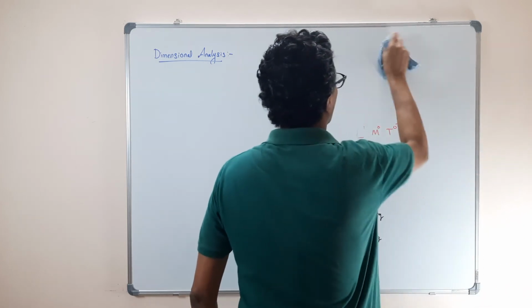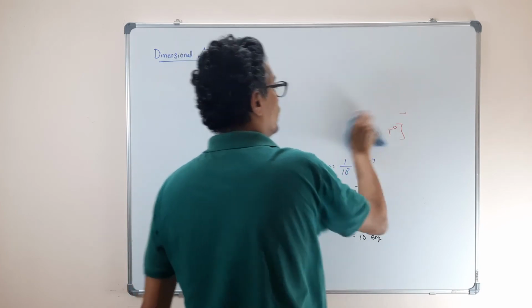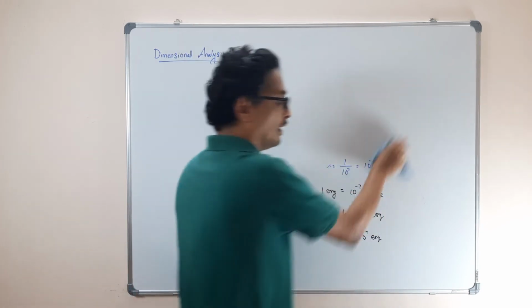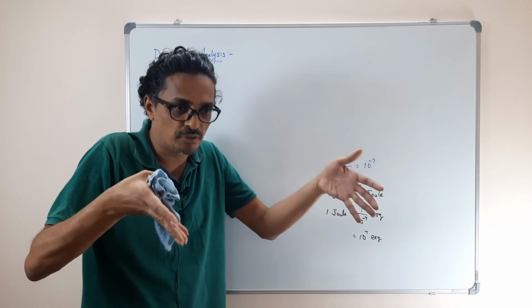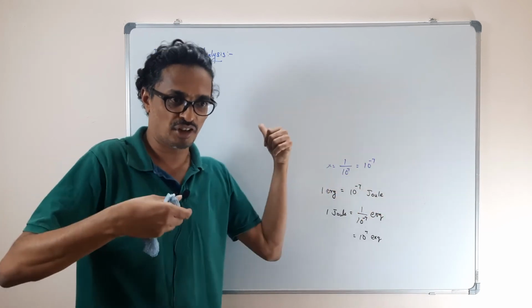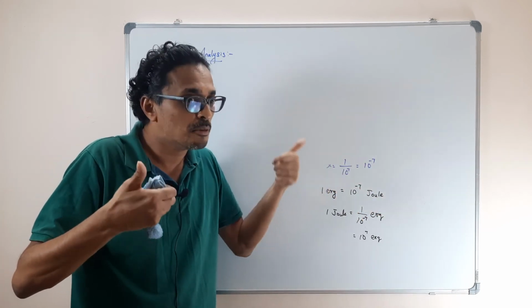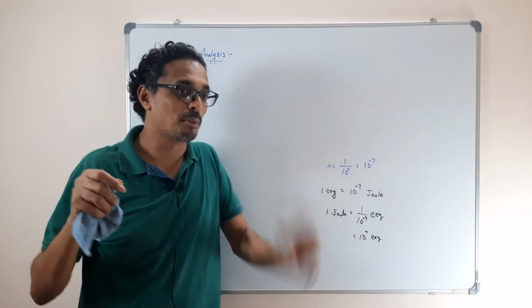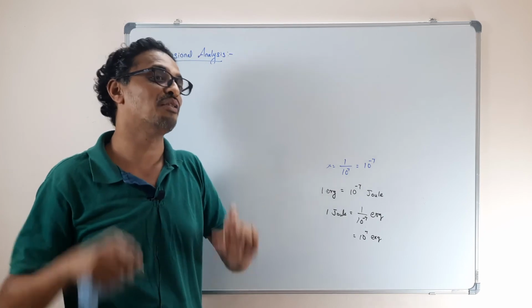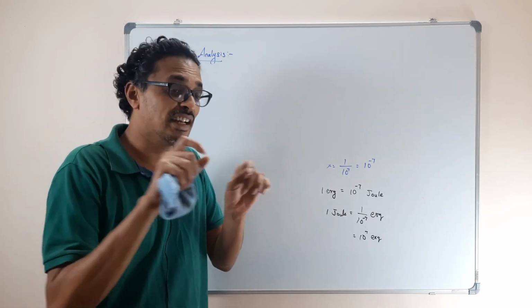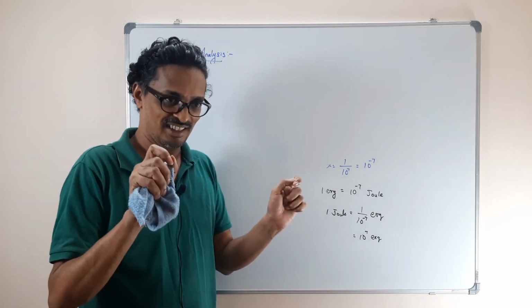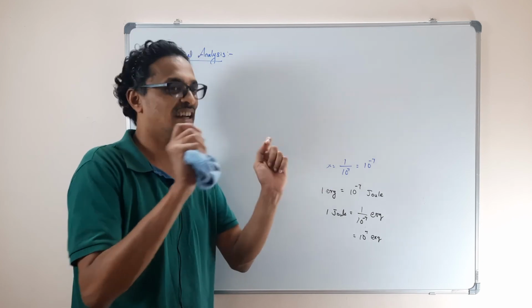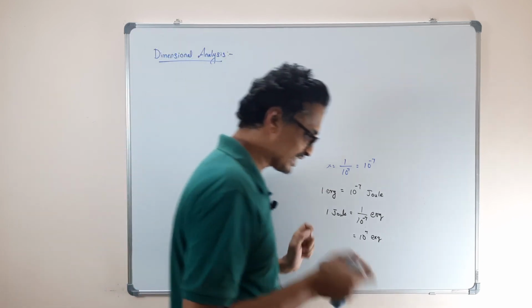First one: as I told you, from intuition you can derive an expression for the actual physical formula, as we saw in the pendulum. But that is not complete, because there will always be a proportionality constant. How do you find the proportionality constant? You have to do the experiment. So dimension analysis is incomplete. It gives you just a beginning.